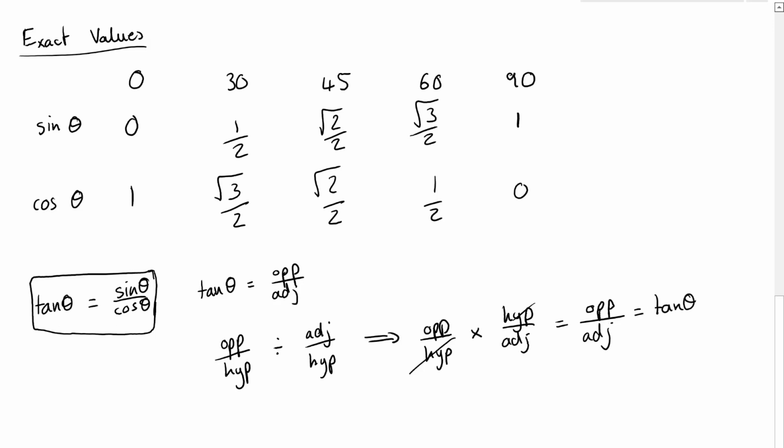So this identity here must be true. Okay, and we can use that then. So let me get rid of this really quickly.